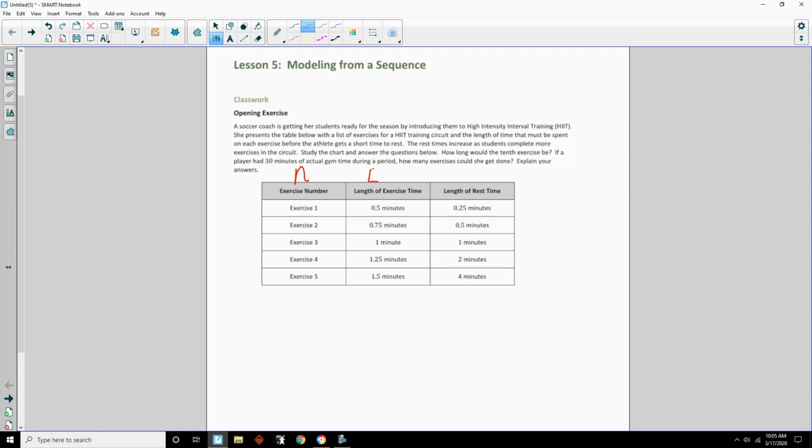Say we have a function e of n, that's exercise time with respect to the exercise. So how much time in exercise 2 would be 0.75, e of 3 would be 1, e of 4 would be 1.25, and so on. And then this is rest time, so this could be r of n. So there's our function names, and the variable is n itself.